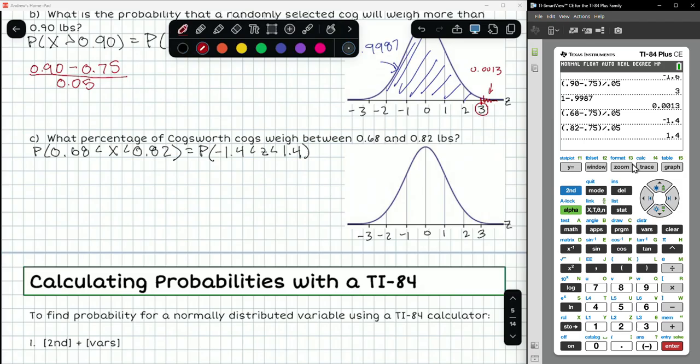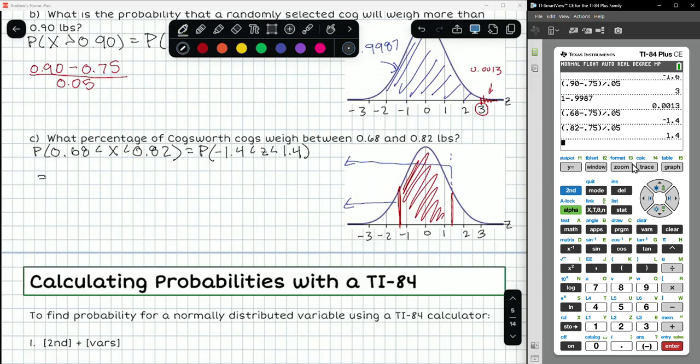So marking this here, I want negative 1.4 to positive 1.4, and I want this area here. I know my table is going to give me this area and this area. In order to get this area in between, I'm going to subtract the big area and small area. So we're going to have to do a subtraction problem for this.